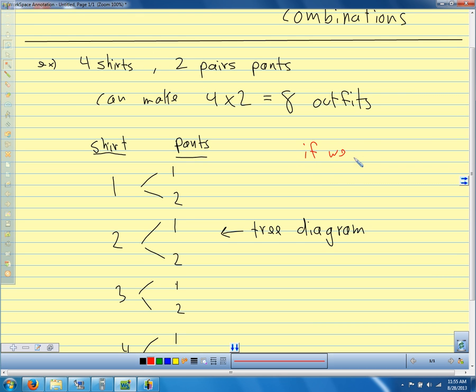Instead of socks, I'll say 2 belts. So I'm adding on to the original problem. So shirt 1, pair of pants 1 or 2, I can add a belt on also.